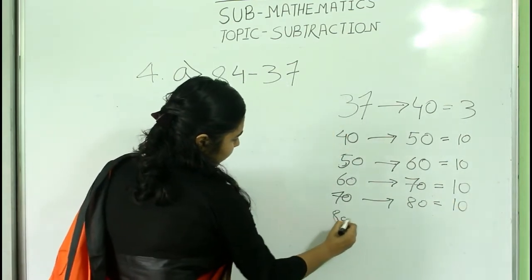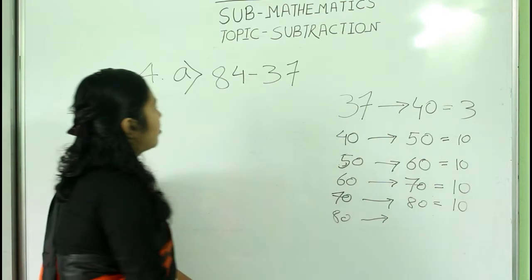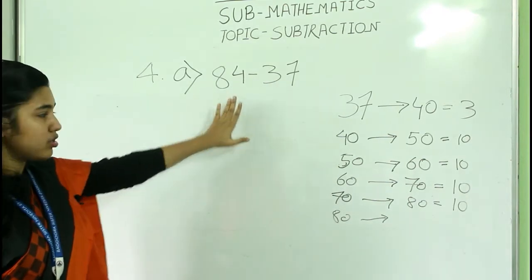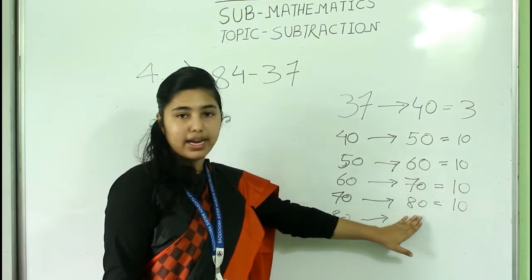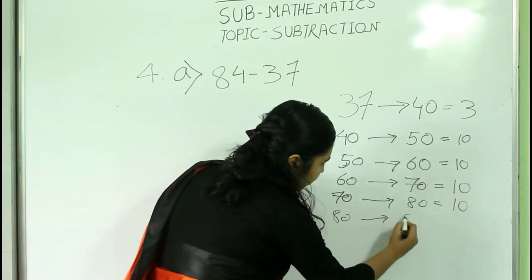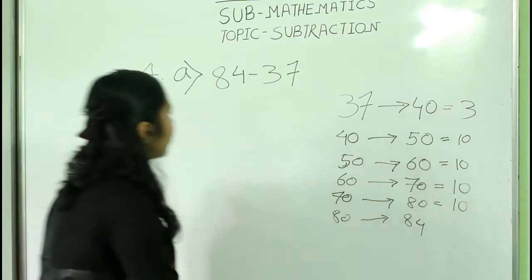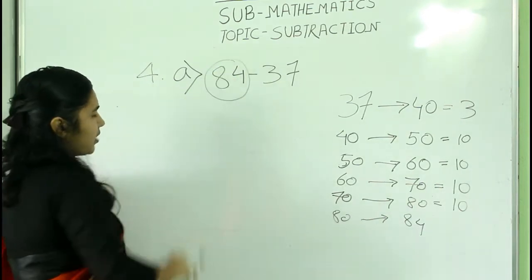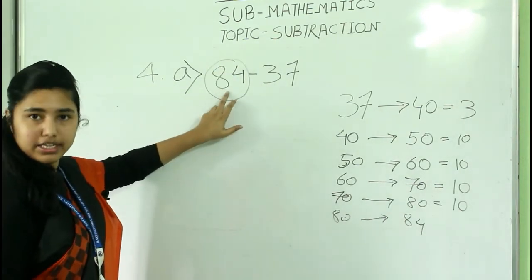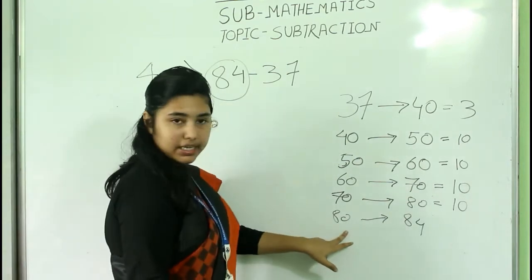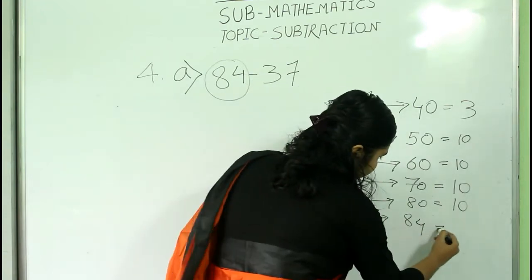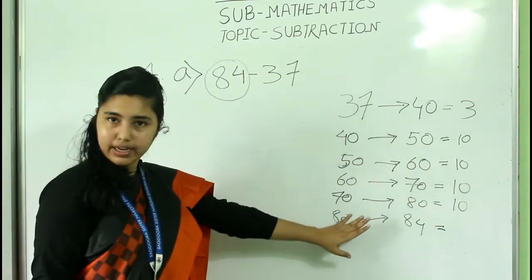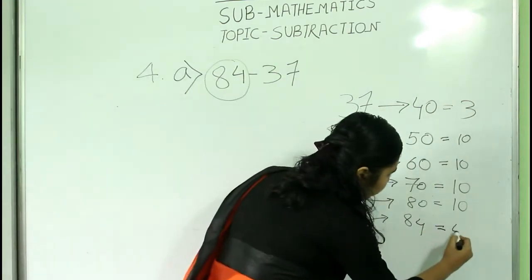Now, after 80, we need 84. So, don't take the next tens digit which is 90. Take here 84 because our bigger number is 84. That's why we are taking after 80, 84, not 90. And the difference between 80 and 84 is 4.